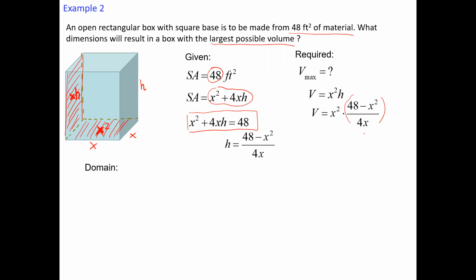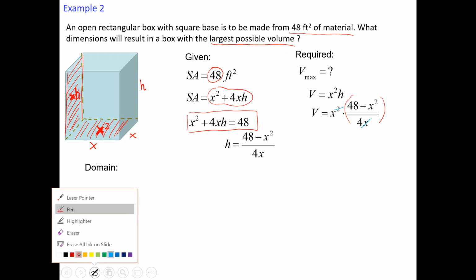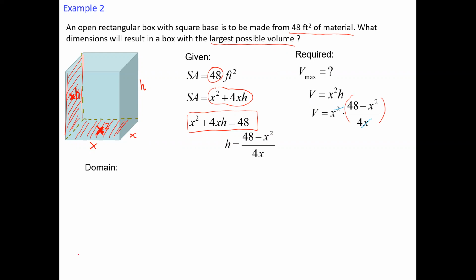Okay, I will put this instead of h: 48 minus x squared over 4x. We can simplify this, but first I need my domain, so we can come back to the simpler form of the volume later. Domain: x is a length, and x and h are definitely positive, so greater than 0.